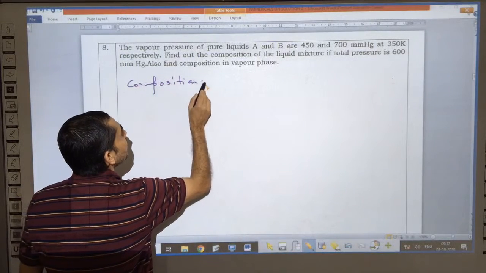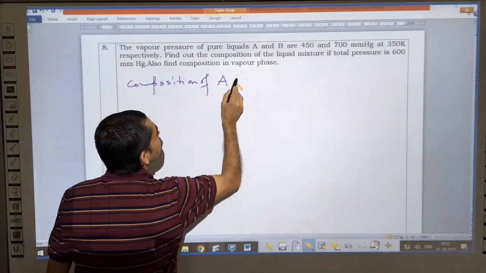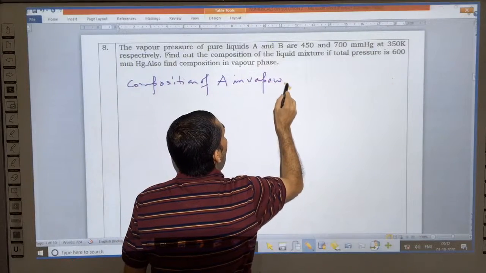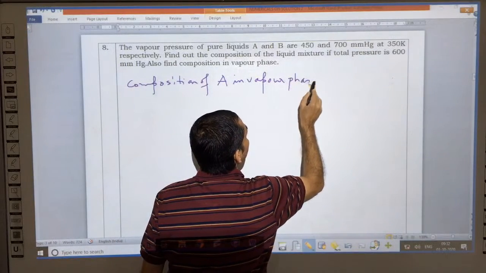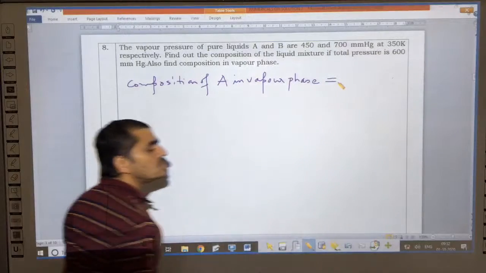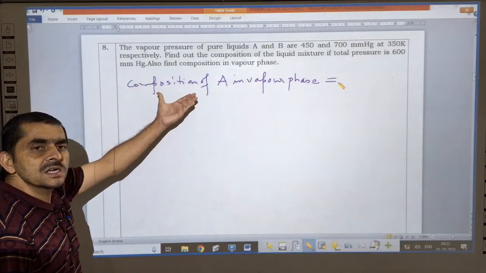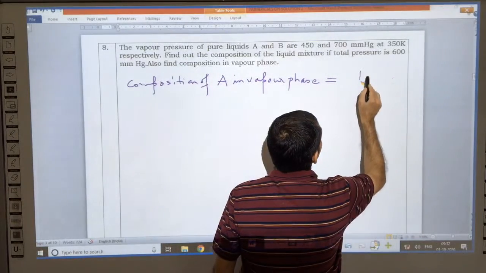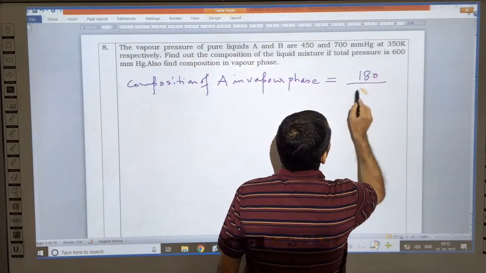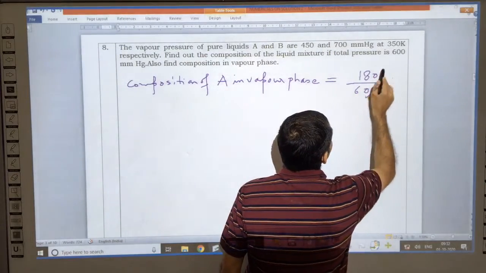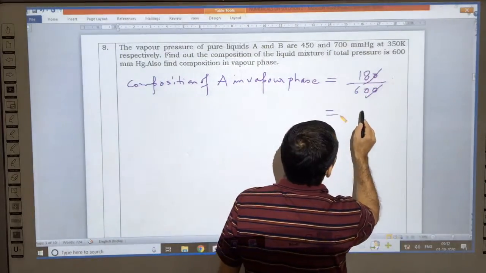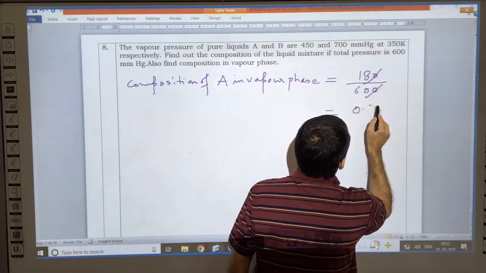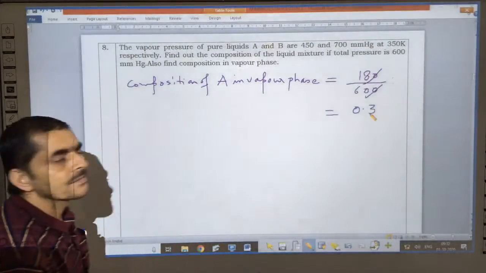Composition of A in vapor phase will be equal to the partial pressure of A upon total pressure. Its partial pressure was 180 and total pressure was 600. You solve it, this is coming to be 0.3.